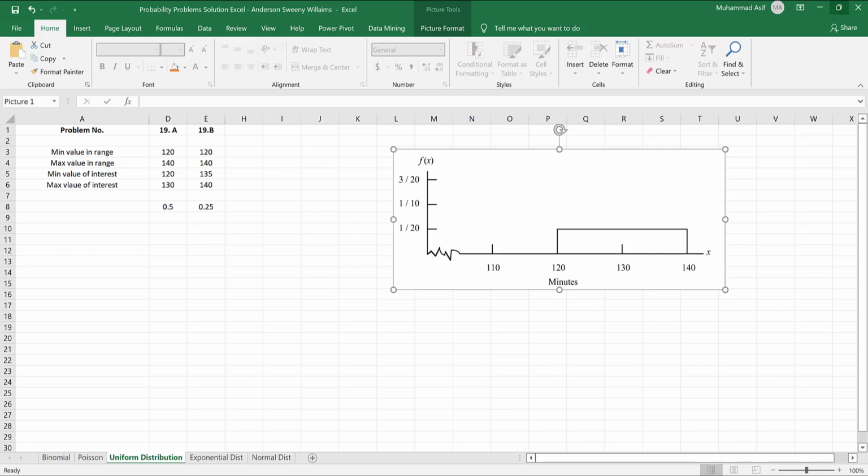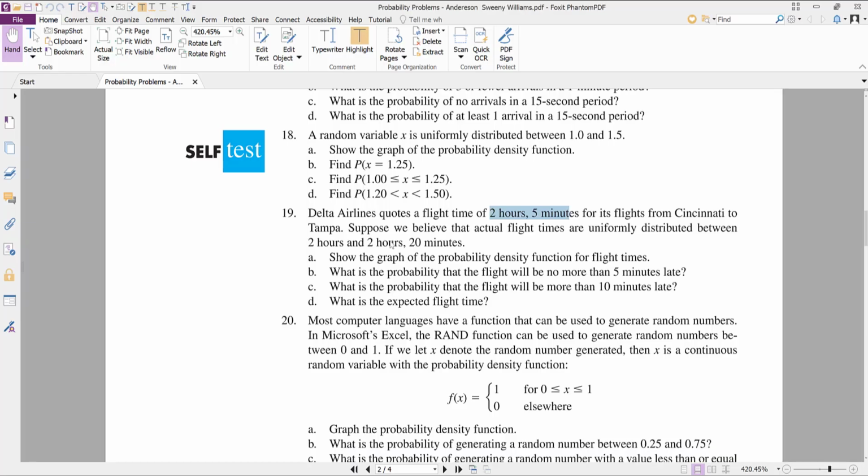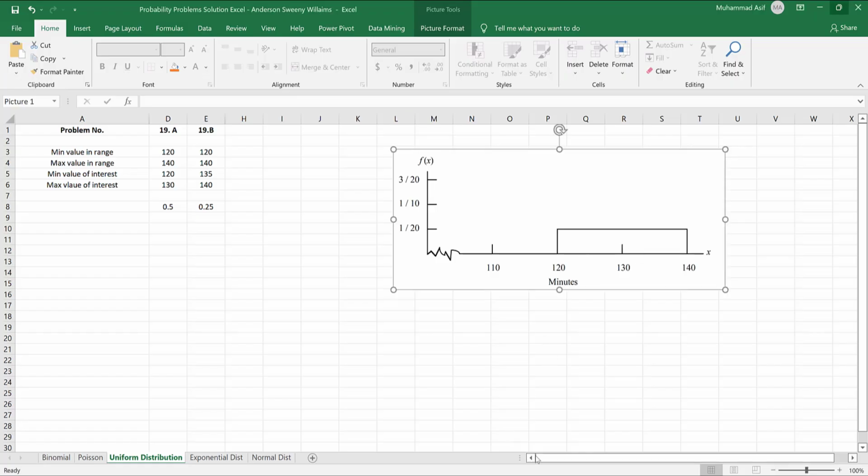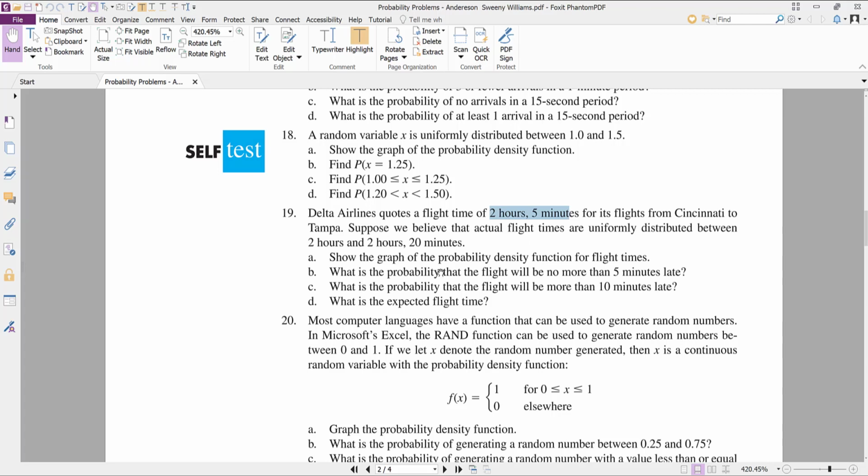And the first question is to show the graph of the probability density function. This is the graph of the probability density function. Then, what is the probability that the flight will be no more than 5 minutes late from the stated time, the time told to customers?